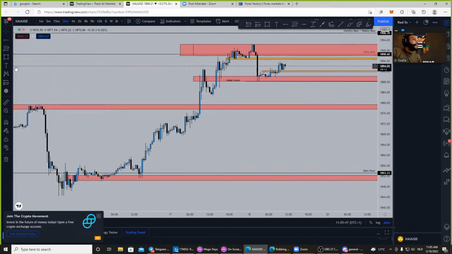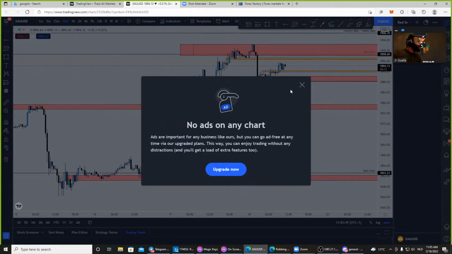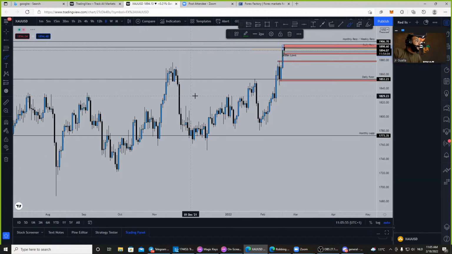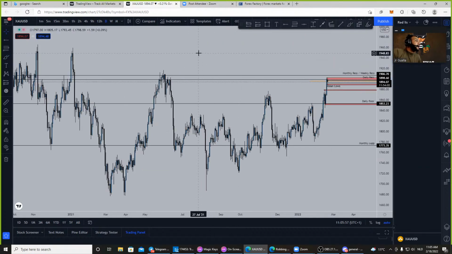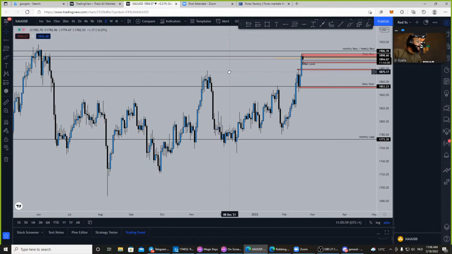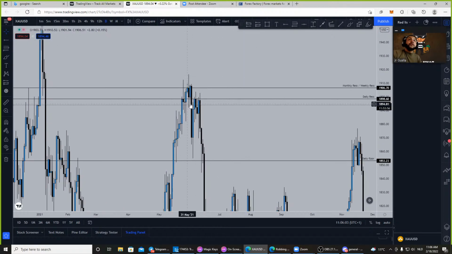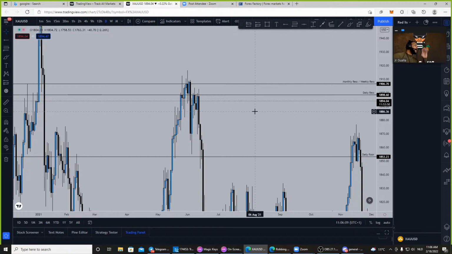Let me circle this. Where you taking? Let's do this. And let's go to the daily. Okay. So the first reason why I took these shorts is we were coming into what I call an untouched resistance. The higher the time frame, the bigger your push or rejection is going to be.